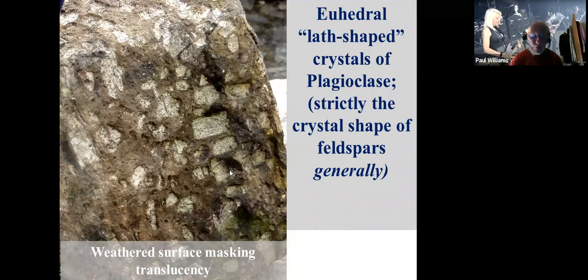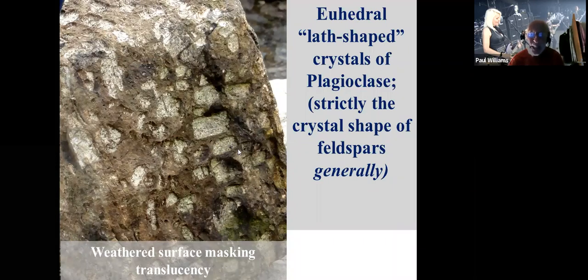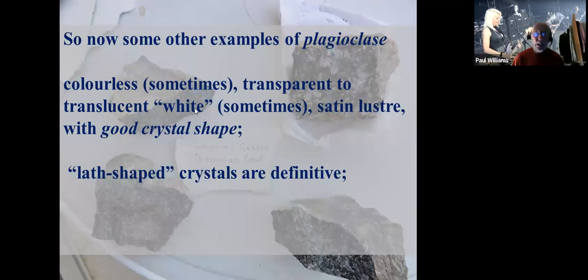Their surface is weathered, so it is masking the translucency of the crystals here. And these are all plagioclase crystals. But the shape is really representative of feldspars in general, not just plagioclase. Alkali feldspars also take up something of this shape as well. So it's that shape which is the giveaway for the feldspars.